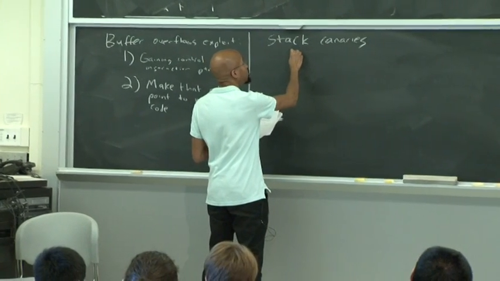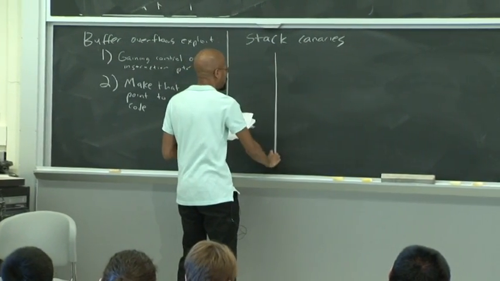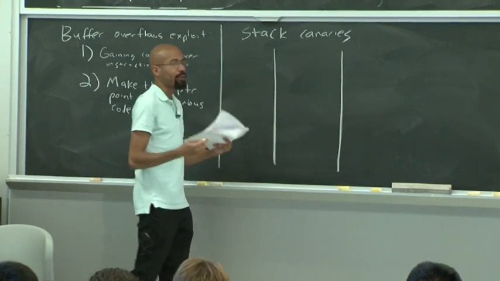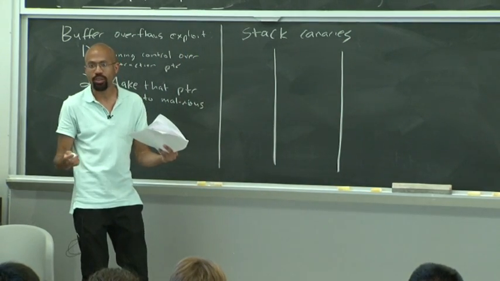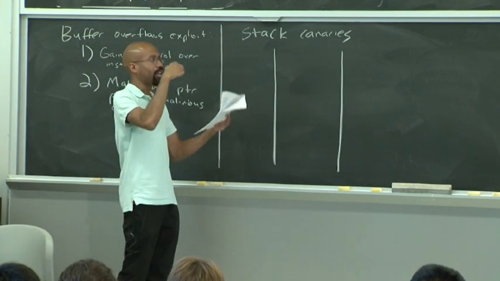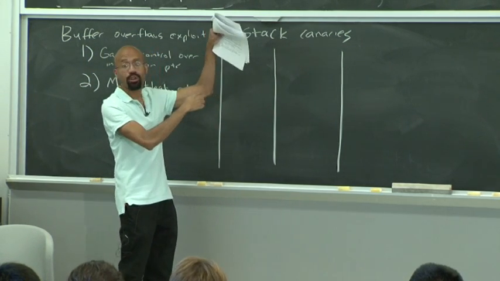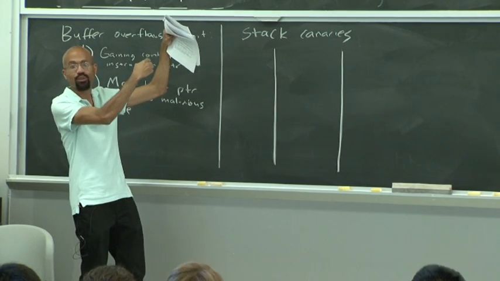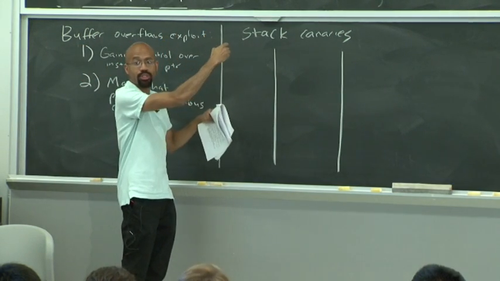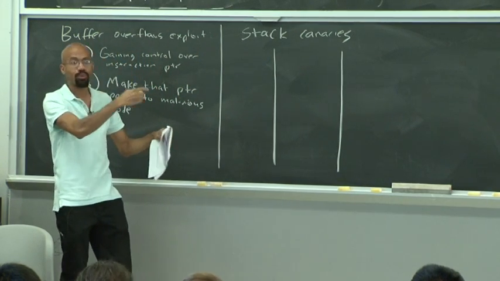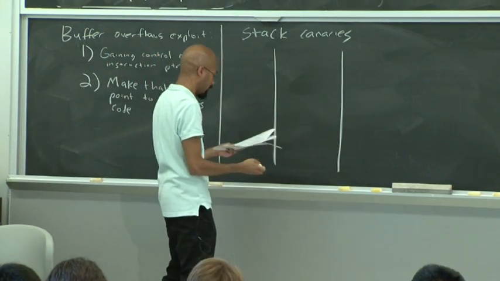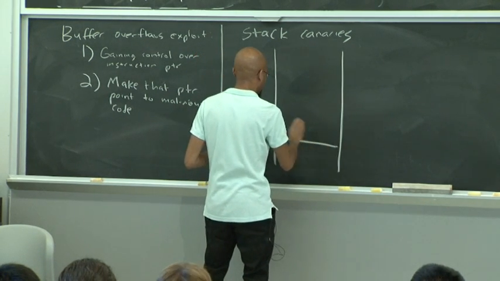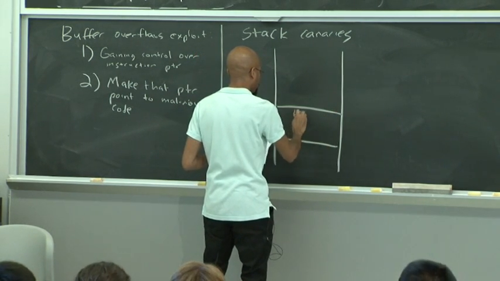So let's return to our stack diagram. Essentially, we have to think of the canary as a magic value in front of the return address, such that any overflow would have to hit the canary first and then hit the return address. And if we can check that canary before we return from the function, then we can detect the evil. So let's say that, once again, we've got the buffer here.